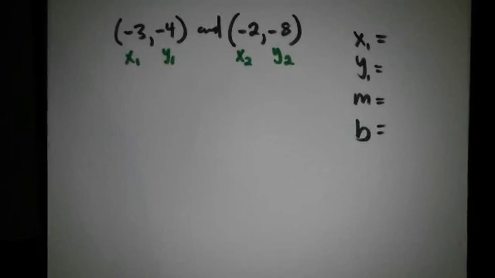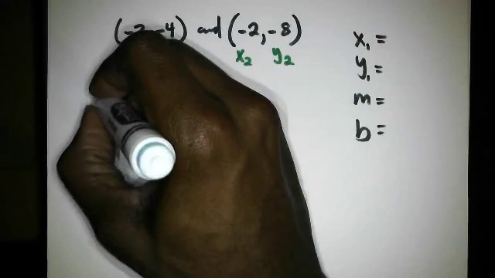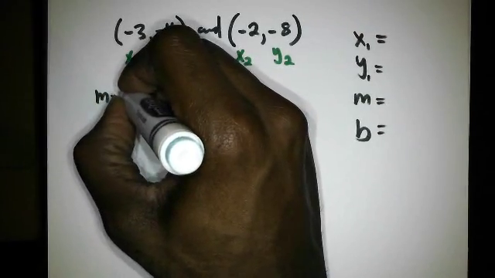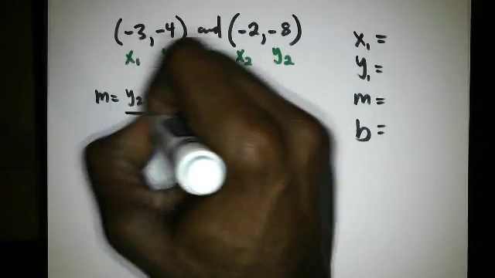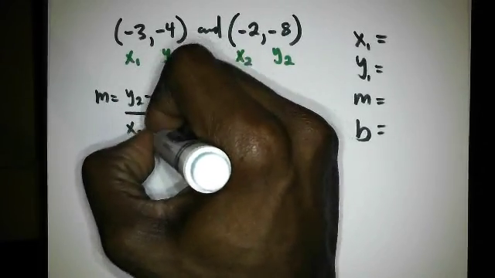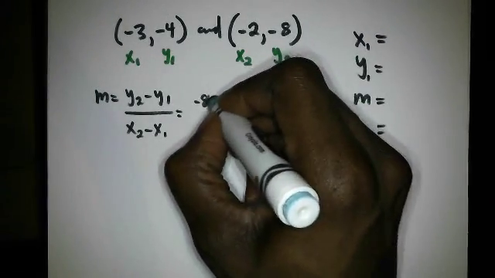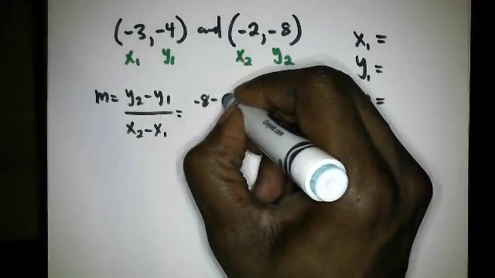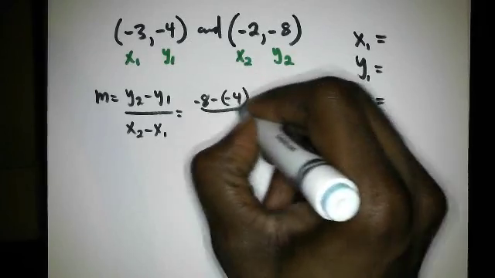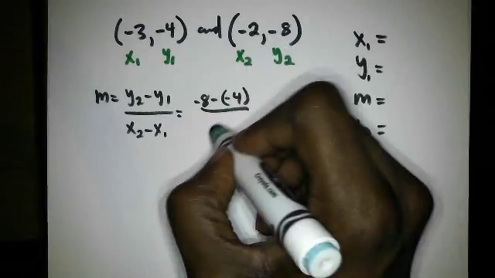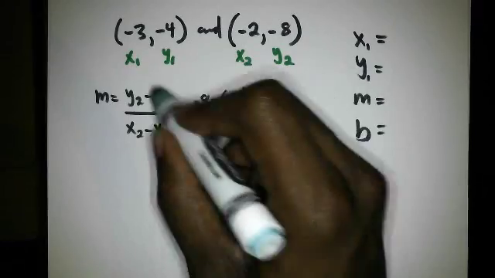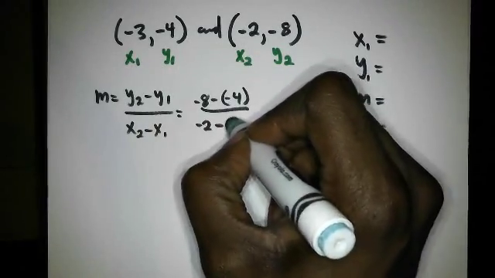Now, after we label it, let's go ahead and find slope. Remember, finding slope, we're using m equals y2 minus y1 over x2 minus x1. We're going to plug it in. So y2 is -8 minus y1, which is -4, over x2, which is -2, minus x1, which is -3.